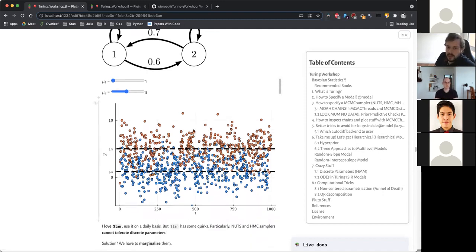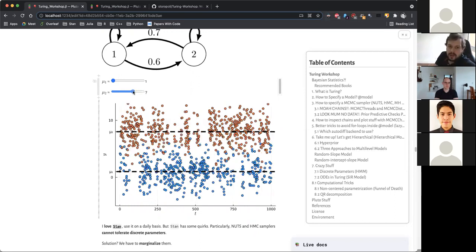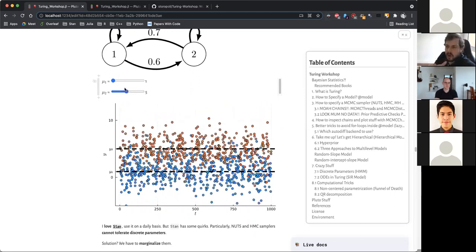I colored them in orange and blue. One state has mean 10. So every time that this model is in this state, it will generate a Gaussian variable with mean 10 and some standard deviation. And if we play around with those sliders, you can see how those states generate data.